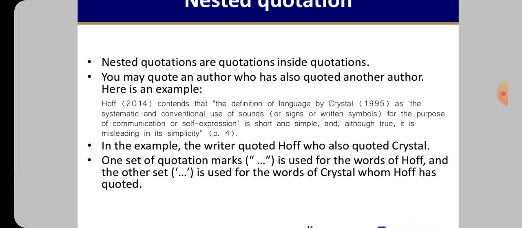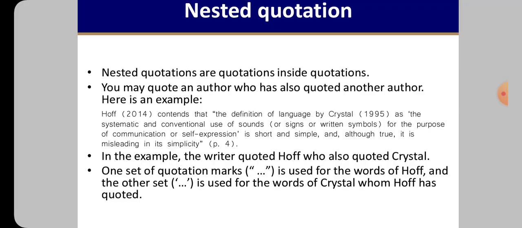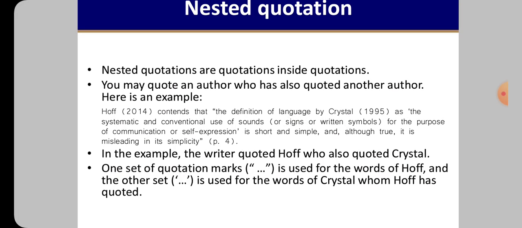If you want to write it in an APA style, this is how you go about it. According to Johnson 2019, now I have to quote it here. So quotation mark. Brown 2005, that one too.